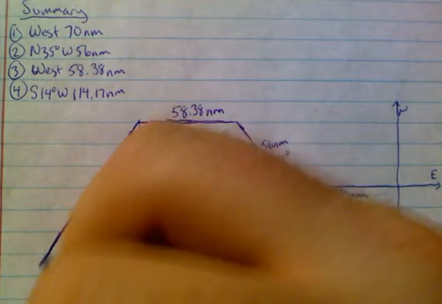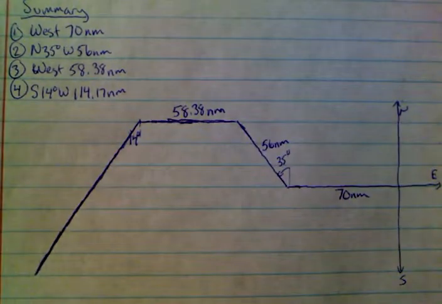This line is going to be the biggest line because it's the furthest distance, 114.17 nautical miles. And I'm going to be all the way down here. Maybe go a little bit further. So there's your 114.17 nautical miles.